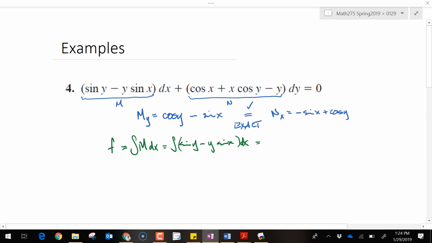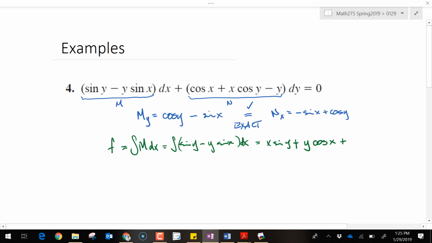This is with respect to x, so sine y is a constant. What's the integral of sine y with respect to x? Just x will pop up, right? And then sine y is constant. Just imagine taking the integral of 5. That's just 5x. And then the integral of sine x. y is a constant. What's the integral of sine x? Negative cosine. So we have a negative and a negative. We'll make that into plus. y is a constant. We have y cosine x.